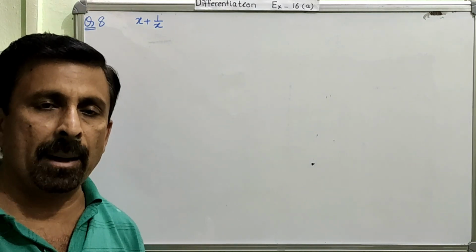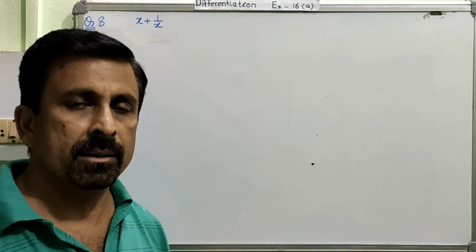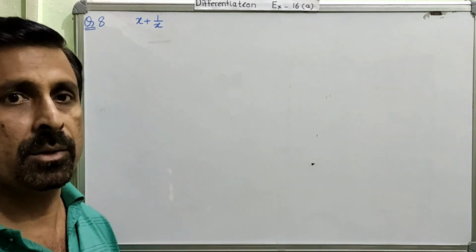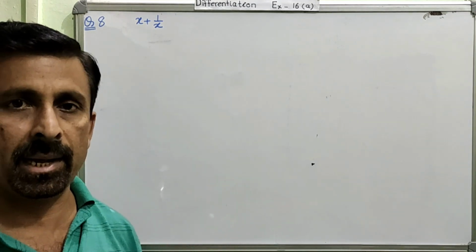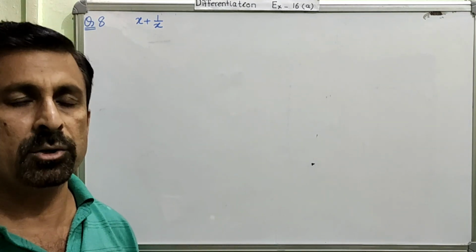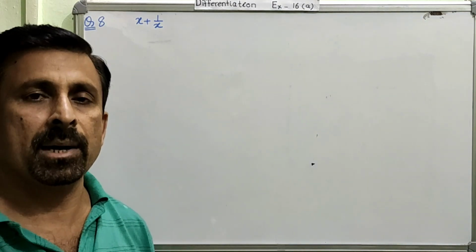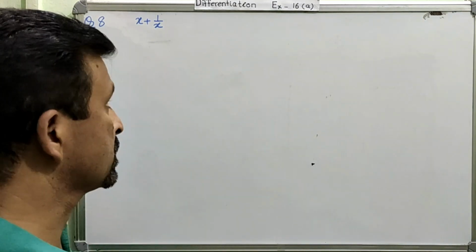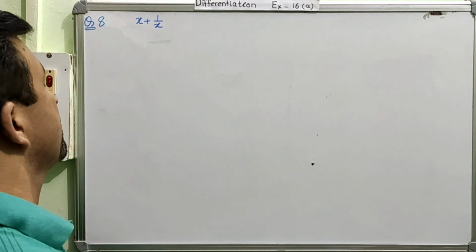If we know the applicable operations for all types of numbers, then there will be no issue. So here we have a mixture of a whole number and a fraction. I'm going to show you how we can find the derivative of this kind of function by using the first principle. So we are going to start.